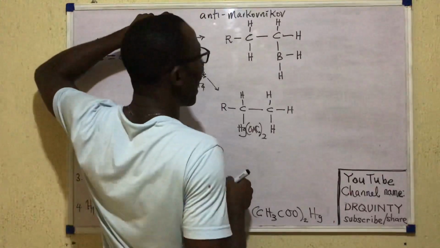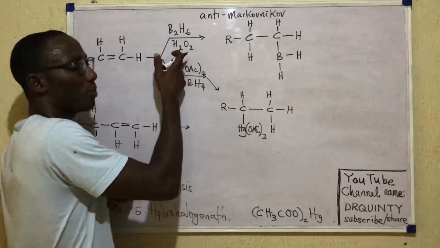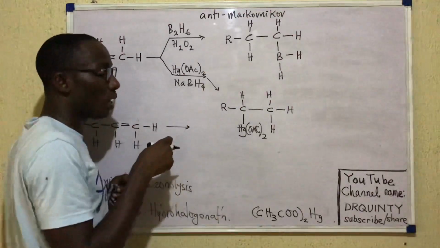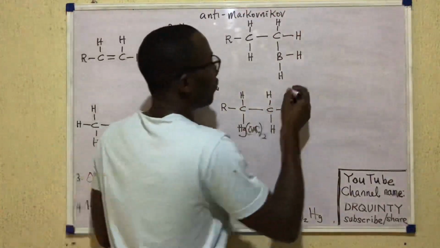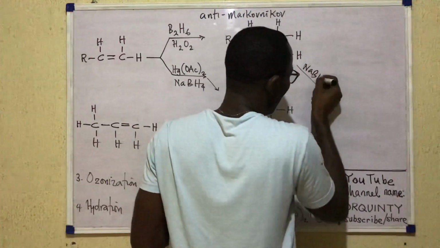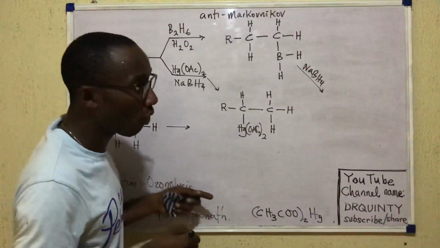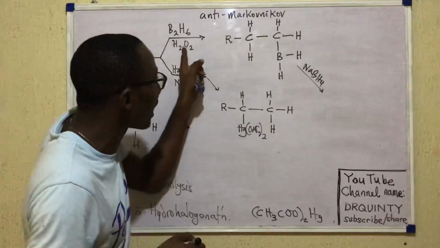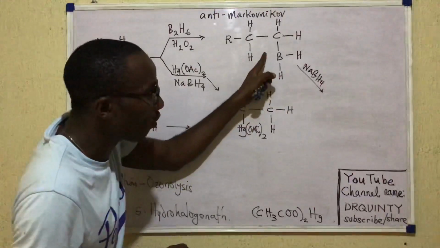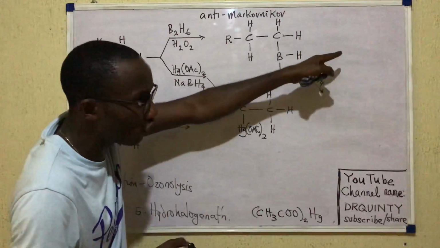when you carry out hydroboration. You know, we said when it is oxidized by hydrogen peroxide, then you are going to get your alcohol. What if you decide to reduce it? Maybe using NaBH4, sodium borohydride. In that case, you don't get alcohol because it is oxidation with hydrogen peroxide that is supposed to convert this into your alcohol by anti-Markovnikov addition.